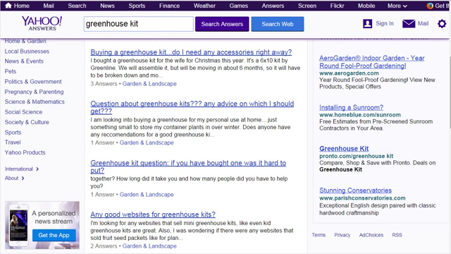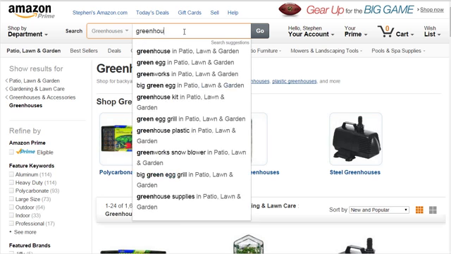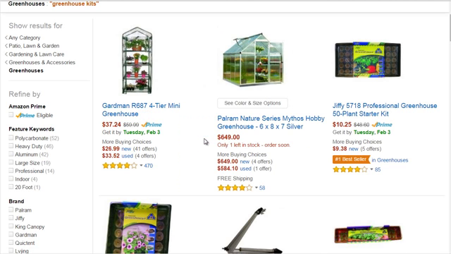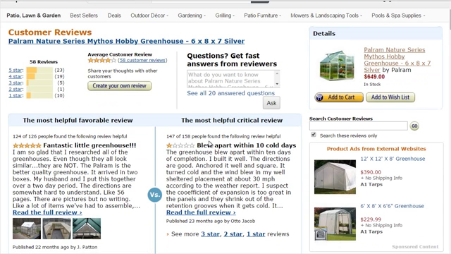Another thing I would do is I would go to Amazon. Amazon is a great place to go. We can type in greenhouse kits. It's okay to look at the positive reviews, but what I would really do is focus in on the negatives. So for example, I would pick and choose a competing product or service that relates specifically to what I'm selling, because I want to get a read on what people are thinking.